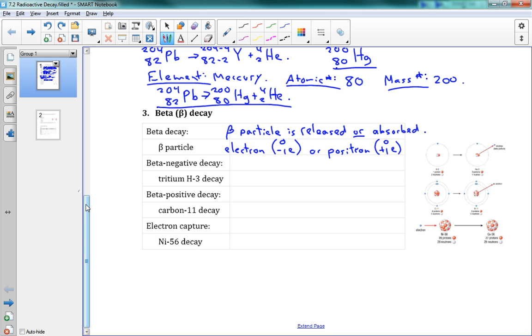Okay. So, beta negative decay. We've got three types of beta decay. The first one here is beta negative, the second one is beta positive, and the third one is electron capture. So we're going to start with beta negative decay, and this is when an electron is emitted.